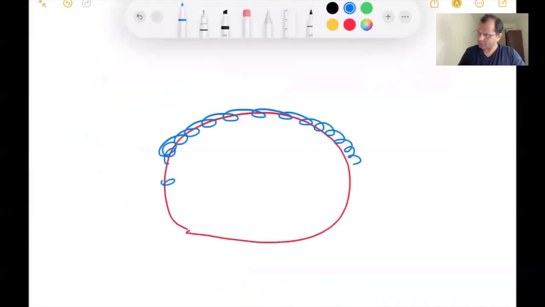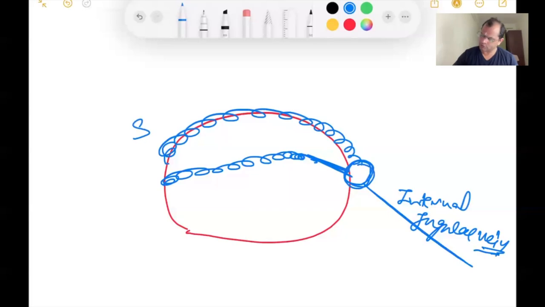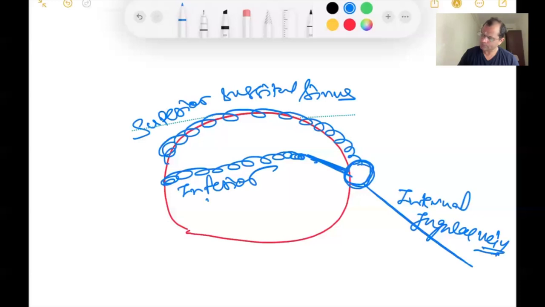One pipeline coming from here, both meeting at one place, then finally going in the internal jugular vein. So the name of the upper pipeline is superior sagittal sinus, and the name of the lower pipeline is inferior sagittal sinus.